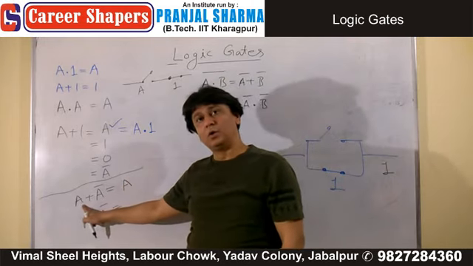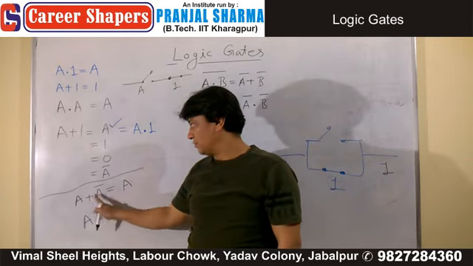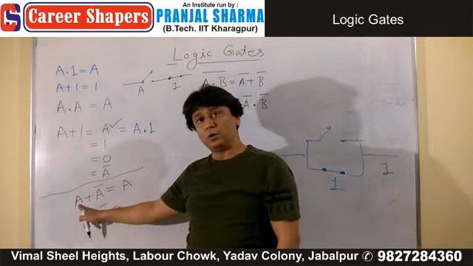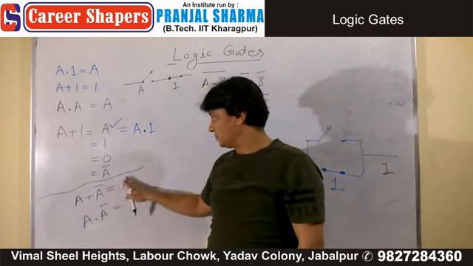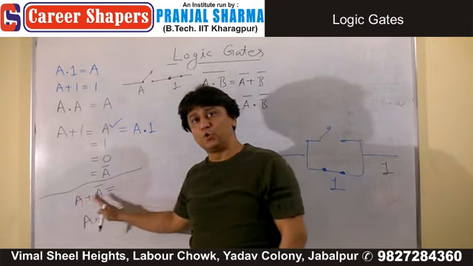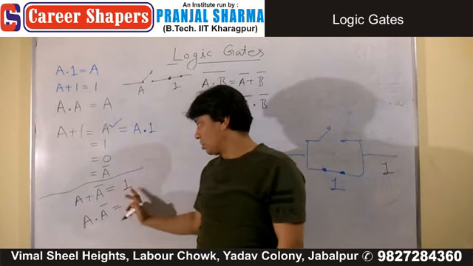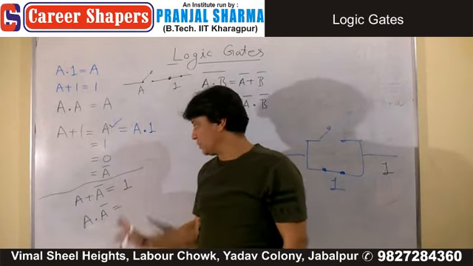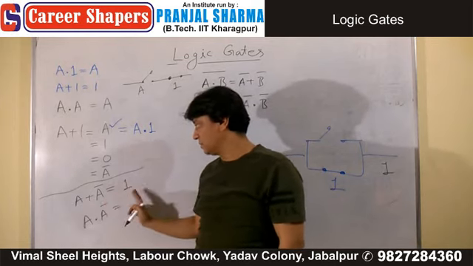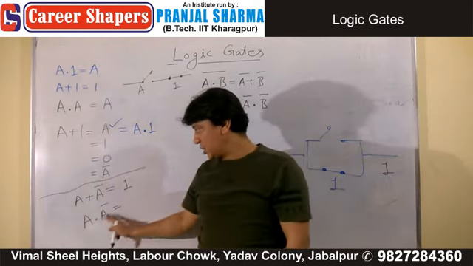If A is 0, then A bar is 1. What is 0 plus 1? 1. So whatever you give, whatever you do, your final output is going to be 1. A plus A bar is 1.